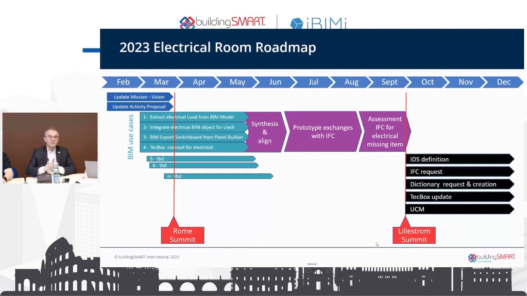So the use case will feed the bSDD, saying, hey, this property doesn't exist. This object, do we have this object in the IFC? Oh no, it's missing. Or this property is missing. So assessing what is available today in the bSDD and in the IFC for the electrical domain, then feeding some IDS, populating some use case management, and seeing how we can model it with IFC or some complements that we need to bring to IFC.